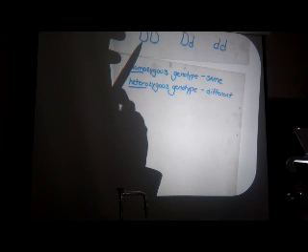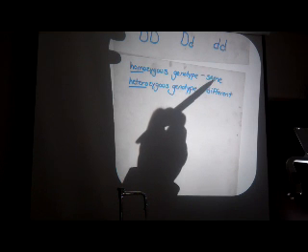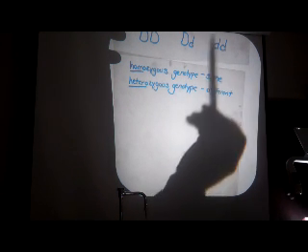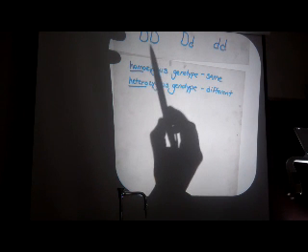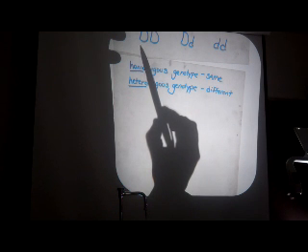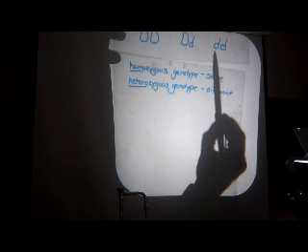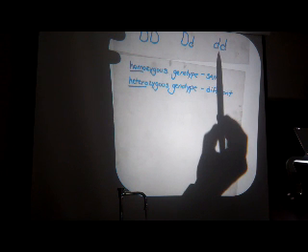If you have two letters that are the same, that genotype is considered homozygous. Looking up here, here's a homozygous genotype. The letters are the same. But look over here too. The little d and little d, they're the same. So that is considered a homozygous genotype as well.